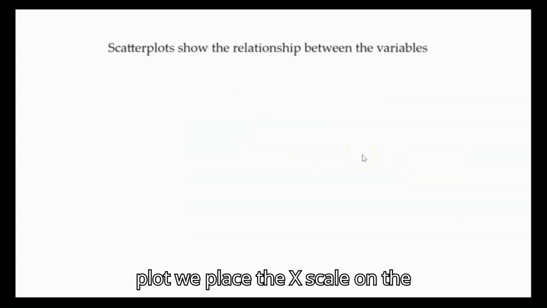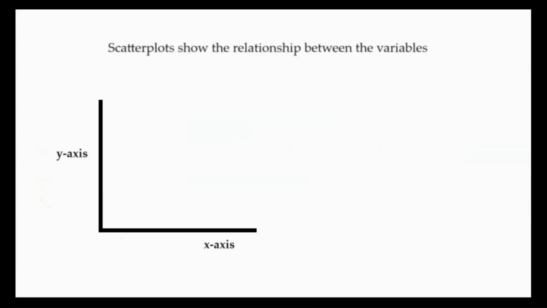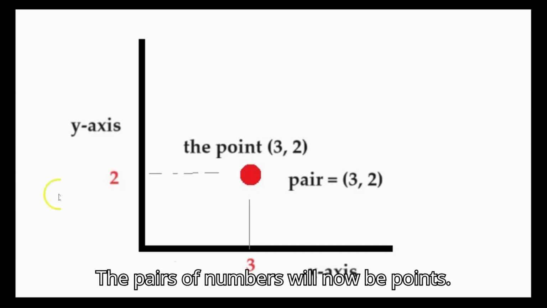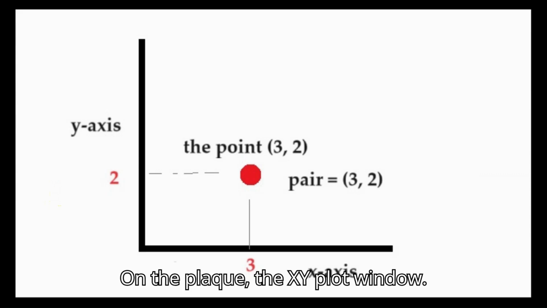On this plot, we place the X scale on the horizontal axis and the Y scale on the vertical axis. The pairs of numbers will now be points on the XY plot window.